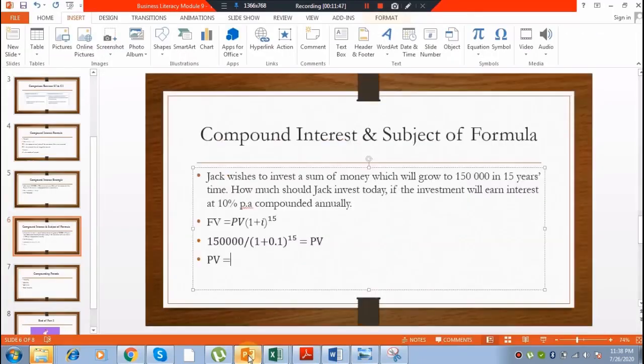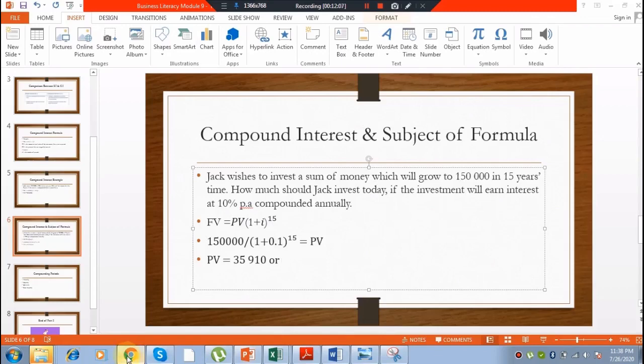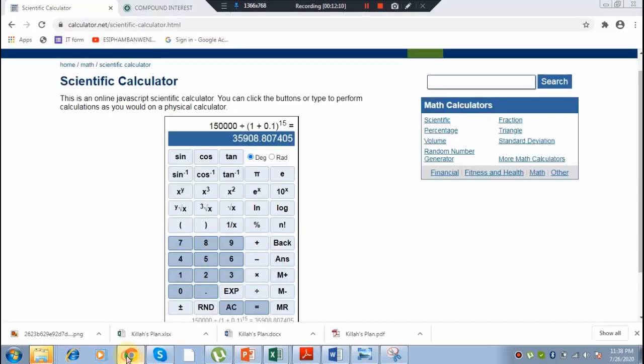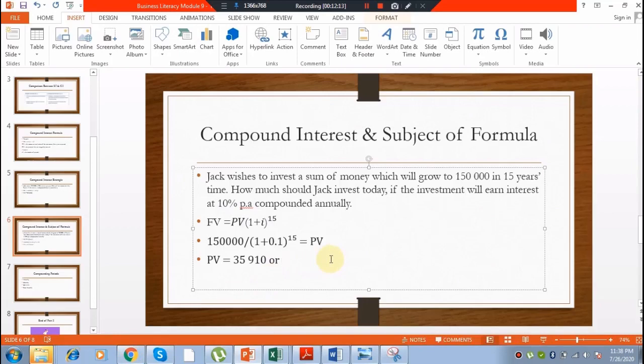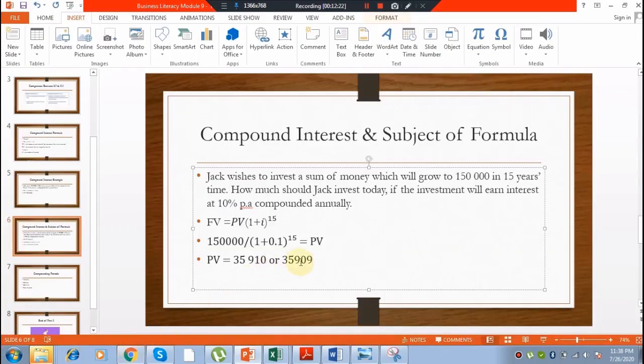So here they got 35,909, or we can just use the answer that we got on our calculator here, 35,909. So it all depends on whether they ask you for the nearest 2 decimal places or 0 decimal places. It all depends on how they're going to ask you.